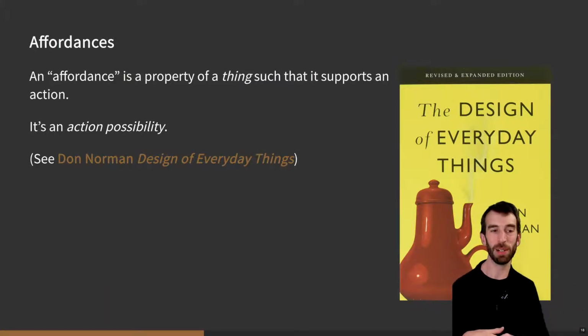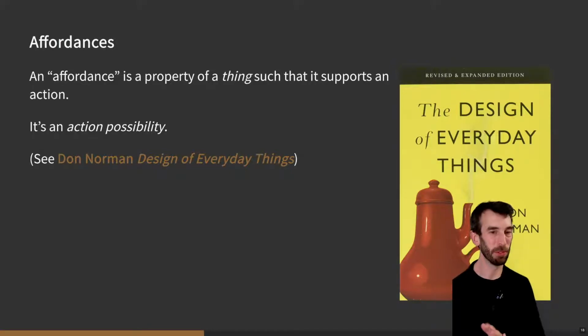And people perceive the world in terms of what you can do with things, or what things are. So an affordance is a property of a thing that supports an action. So in fact, any action, but if you use that word, affordance, it's a funny sort of word. Usually, if you type it into Microsoft Word, it says it's a spelling mistake, but it's used within the design literature and human-computer interaction literature.